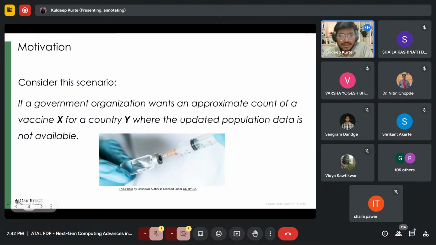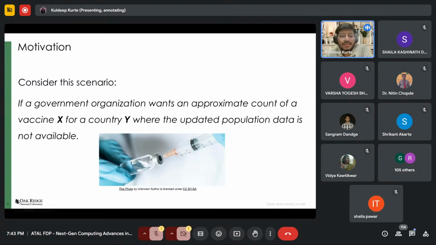This is the problem statement. This project was for the Bill and Melinda Gates Foundation, and they had this specific problem. Maybe they wanted to ship some particular vaccine to a specific country in Africa, and they did not have any census information or population data. So that was the problem.